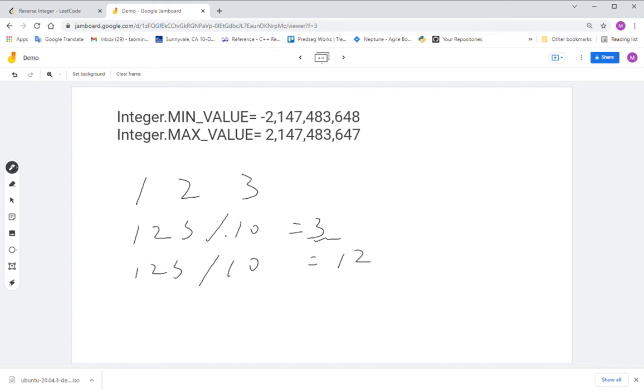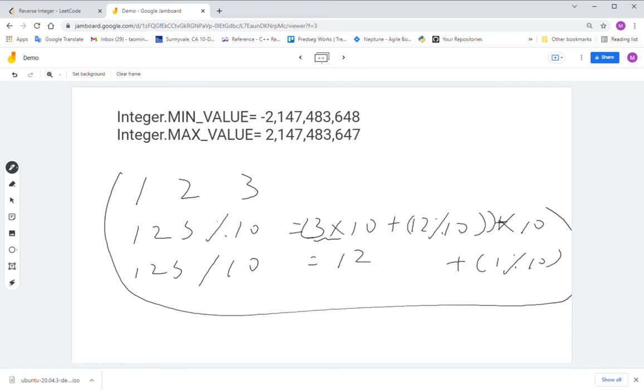So this will times 10 and plus 12 mod 10 again. And then this one times 10, then plus 1 mod 10. So this is very easy if we have a small positive number.